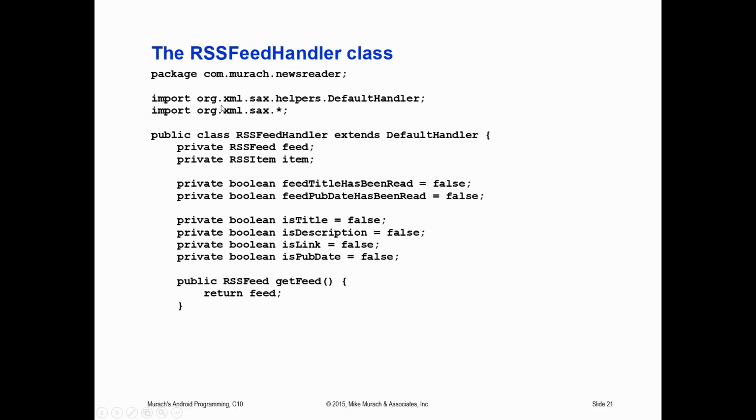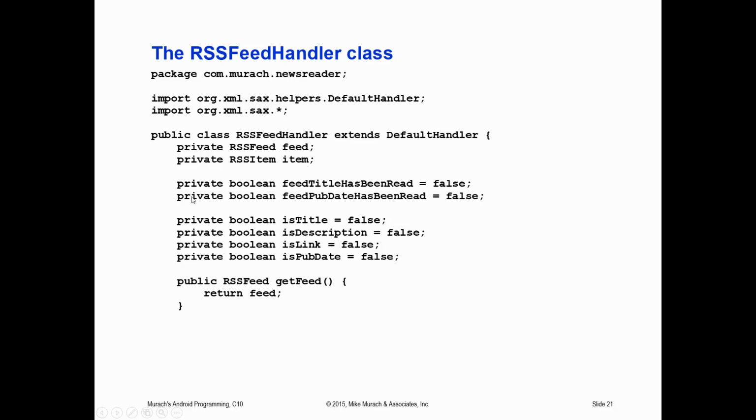Now, in Figure 10.9 on pages 306 and 307, they show this RSS feed handler class, which, as it says, begins by extending the DefaultHandler class. Within here, the first two statements that you see define instance variables for the RSS feed and for the RSS item objects that will be used to store the data within the feed.